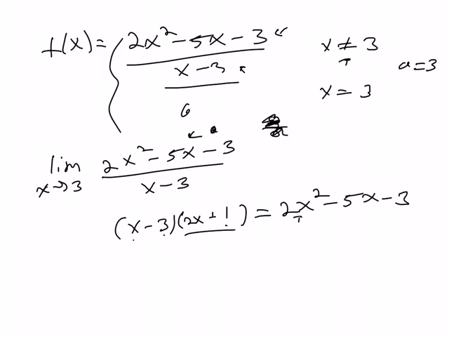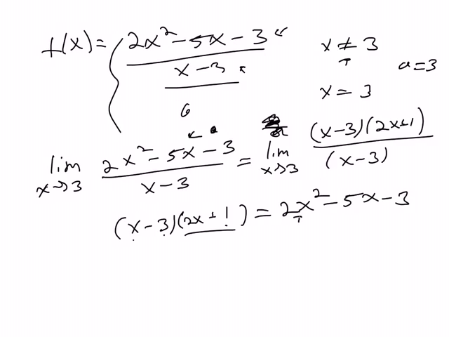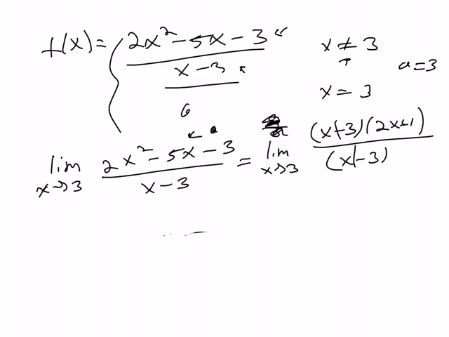Okay, so this can be written as the limit as x approaches 3 of x minus 3 times 2x plus 1 over x minus 3. These cancel. Now we have the limit as x approaches 3 of 2x plus 1, or in other words, this is equal to 7.